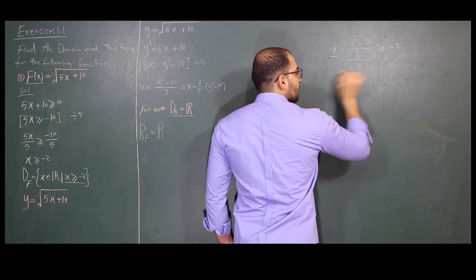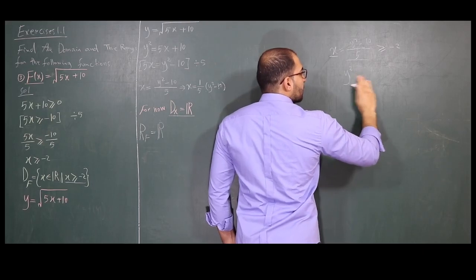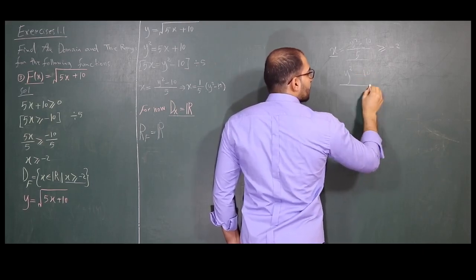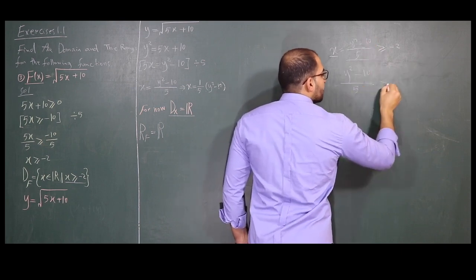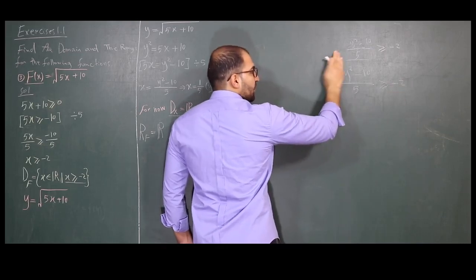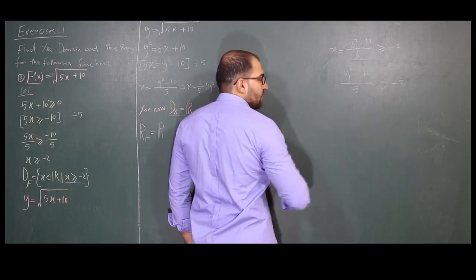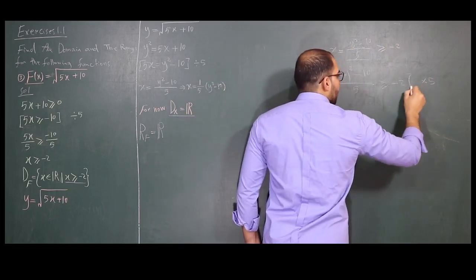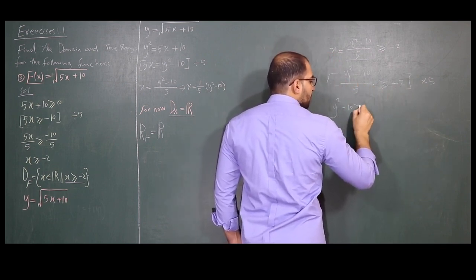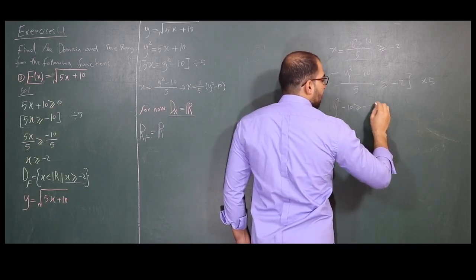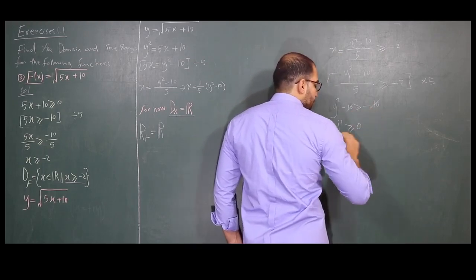So y squared minus 10 over 5 should be greater than or equal to minus 2. I'm going to multiply by 5 both sides. So the result will be y squared minus 10 greater than or equal to minus 10. So y squared greater than or equal to 0. Okay?